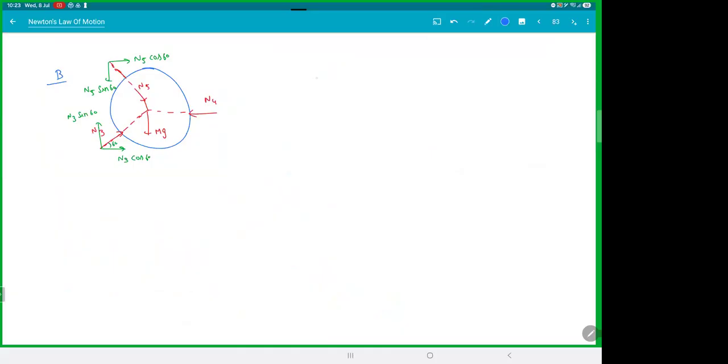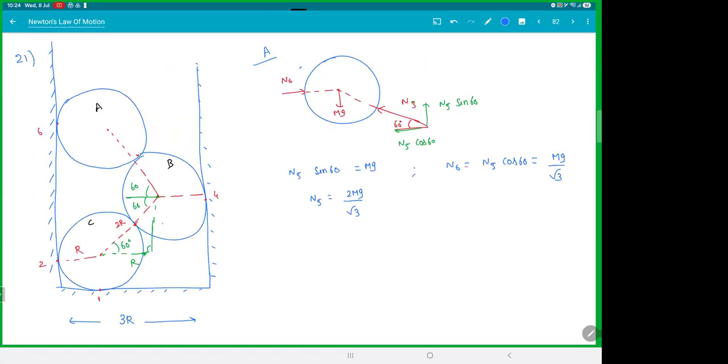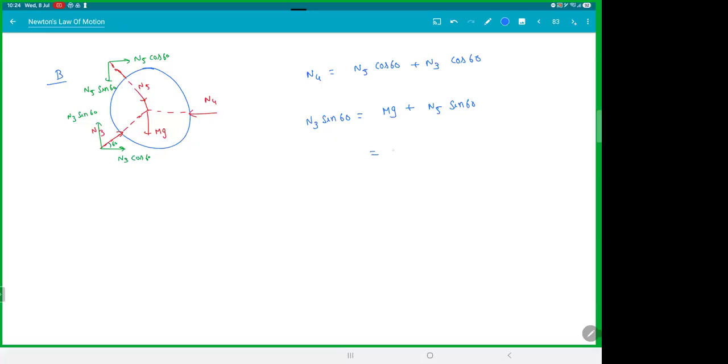Resolve them. N4 will be N5 cos 60 plus N3 cos 60, and N3 sin 60 is mg plus N5 sin 60. And we already know the N5 value, N5 sin 60 is mg only.